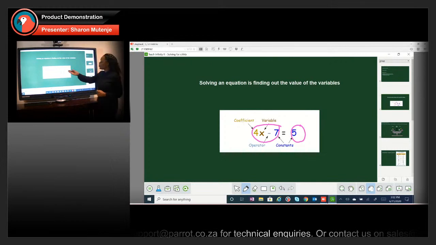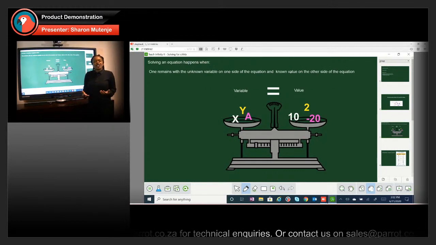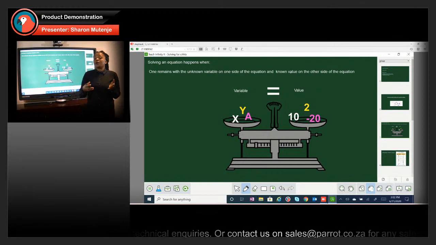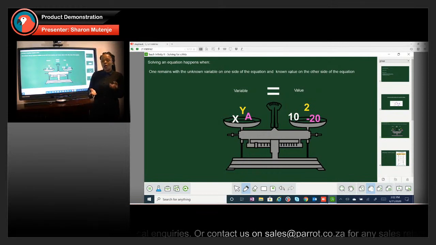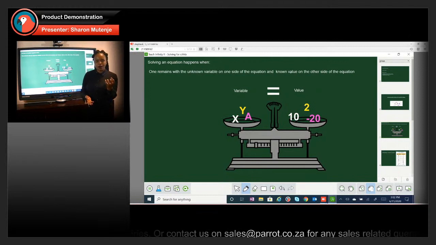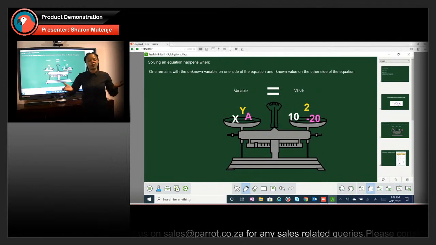For us to solve an equation, it's like balancing a scale. Whatever I do on the right-hand side of the scale should be the exact thing that I do on the left-hand side for it to be balanced.